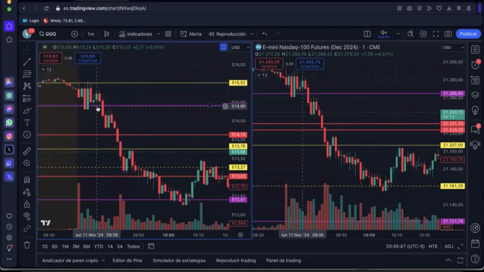So when you see the price breaking purple line, 90%, I could say 96% of the time, but let's say 90%. 90% of the time, when the price is breaking purple line, it will go to red line.